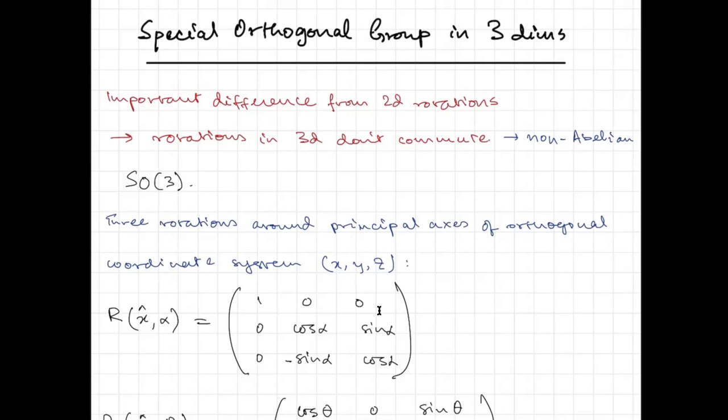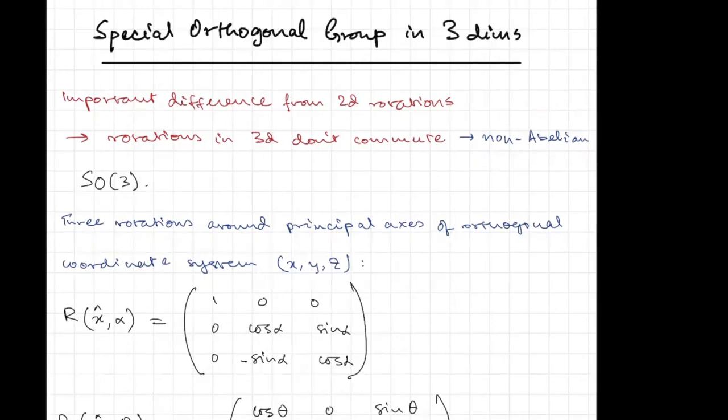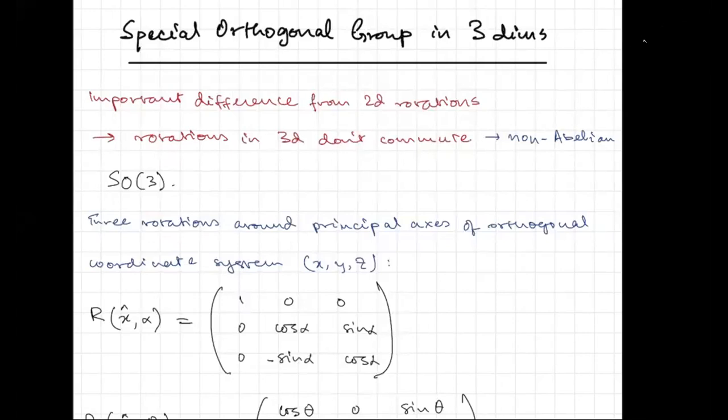So this is hence a non-abelian group. Okay, so this is a non-abelian group, and that's the main point of difference between 2 and 3 dimensions. We will see more interesting things.